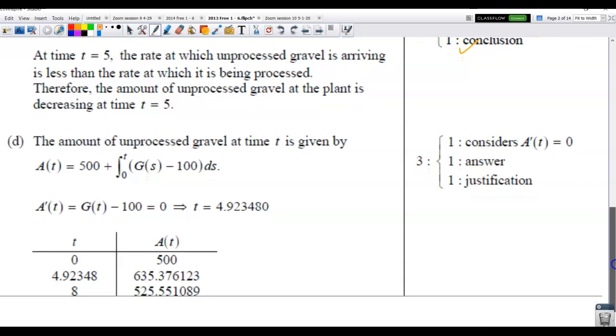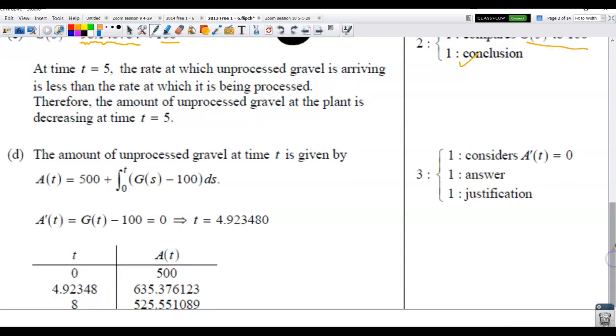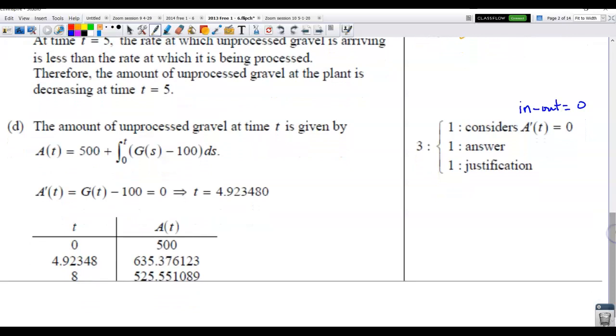So right here, they're calling A the total amount. So A prime is really saying the student set the in rate minus the out rate equal to 0, or set them equal to each other, and they found the critical number. So the critical number that we are looking for here is t equal to 4.92348, and you would store that number.